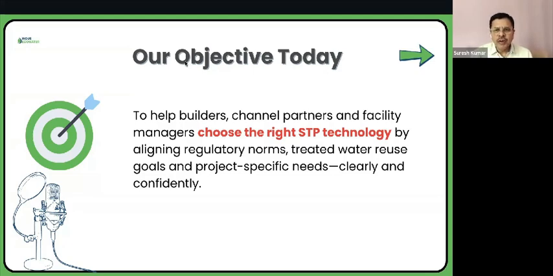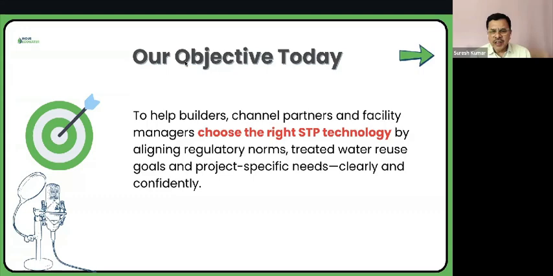I am using two separate words, plant and technology. And it should align with regulatory norms, and the treated water should be reusable, and the project might have some very specific needs, right? Specific needs like they would like to reuse 100% of the water, they would like to throw away 100% of the water very clearly and confidently. So this is the objective.